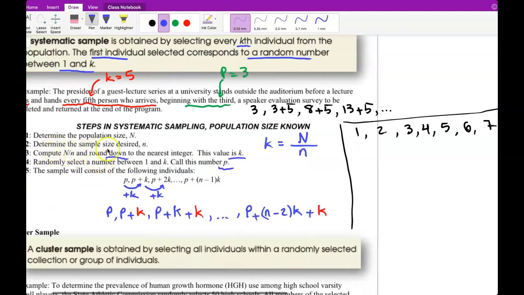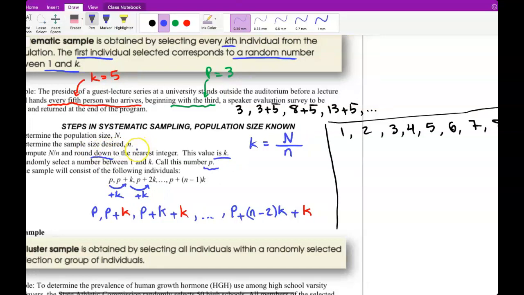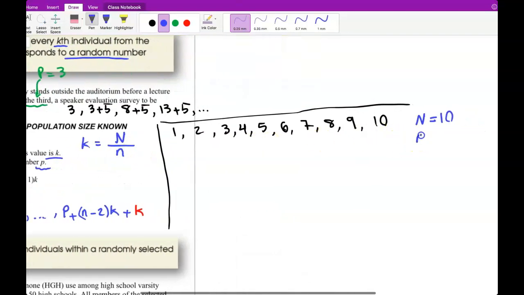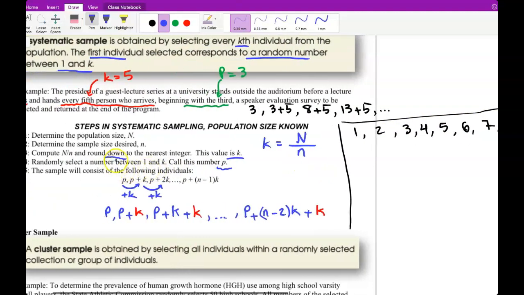Then step 2, determine the sample size desired. So we're going to choose what we want to have for sample size. I'm choosing to have 3. So I want to select 3 individuals from this population. Then after that, find K. So population size divided by sample size and round down to the nearest integer.